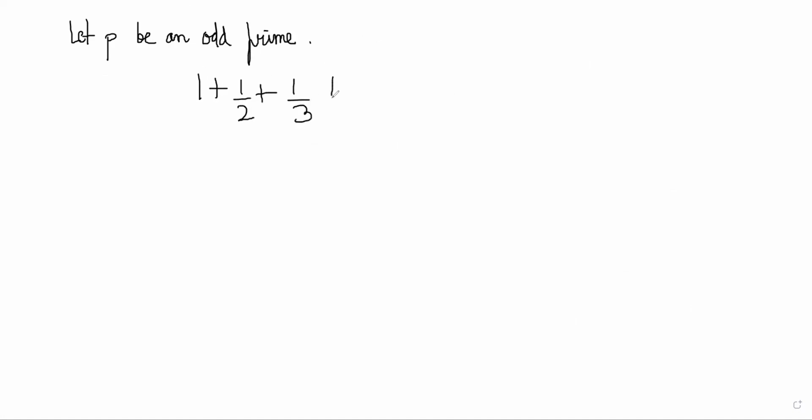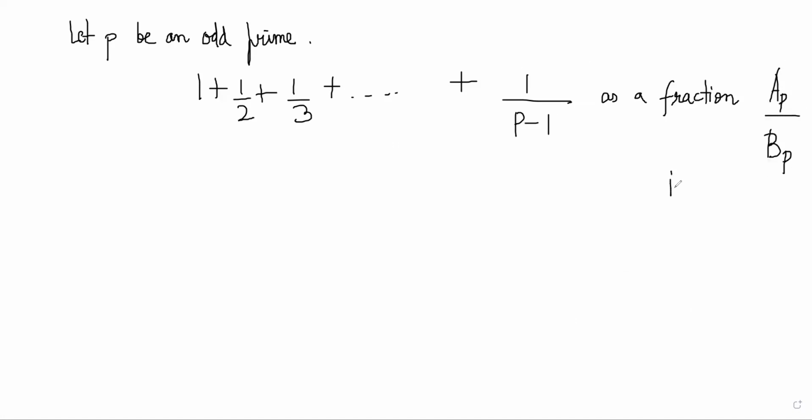Now let's see something else here. For example, let P be an odd prime, and we write 1 plus 1/2 plus 1/3 and so on till 1/(P minus 1) as a fraction AP/BP in the lowest terms.